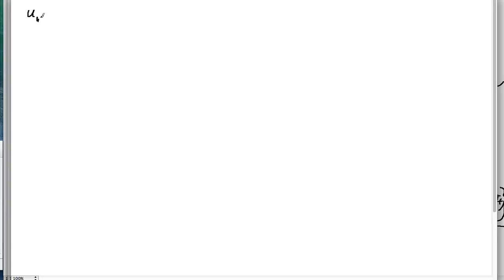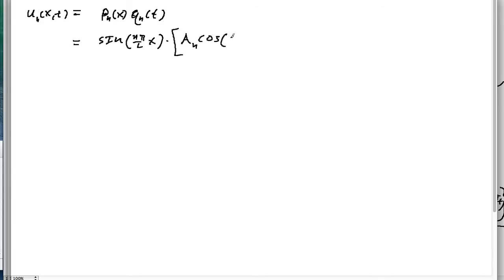So u_n of x comma t is equal to P_n of x times Q_n of t, and we can write that as sine n pi over L x times the quantity a_n cosine c n pi over L t plus b_n sine c n pi over L t.